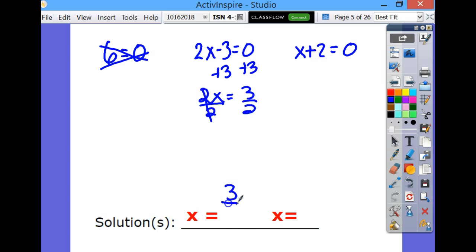One of my answers down here at the bottom is 3 over 2. Down here, I'm looking for 2 x's that make the original equation true. Subtract 2 from both sides. There are my 2 solutions. So hopefully that cleared up any questions that you might have had from the work yesterday.